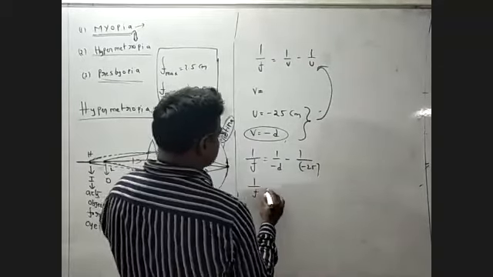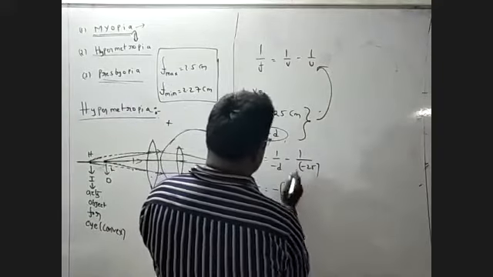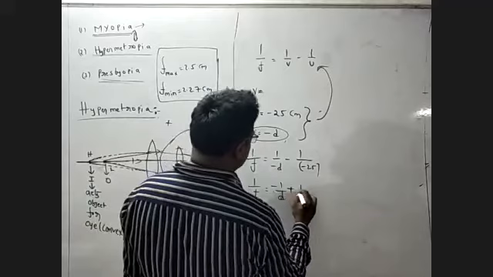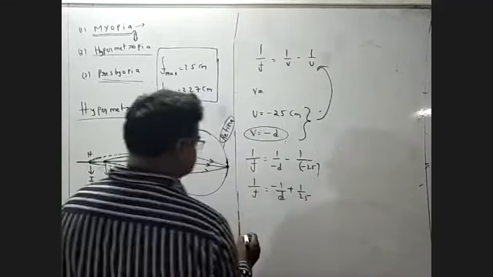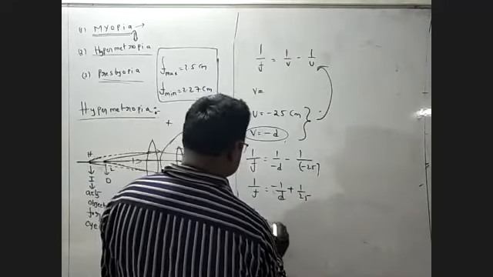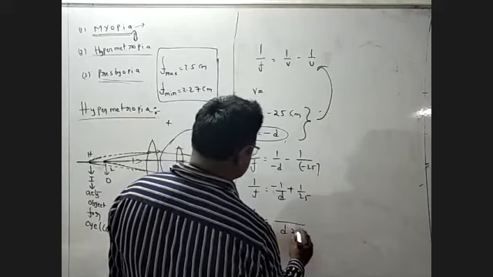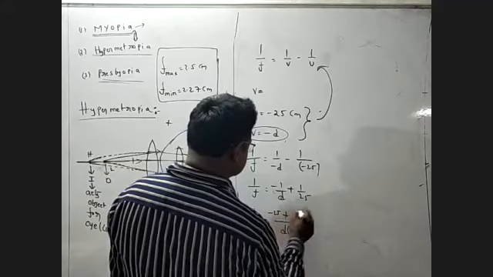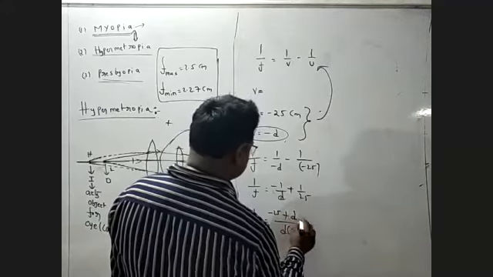So 1 by f is equal to minus 1 by d plus 1 by 25. The d terms cancel, minus 25 plus 25 cancels.